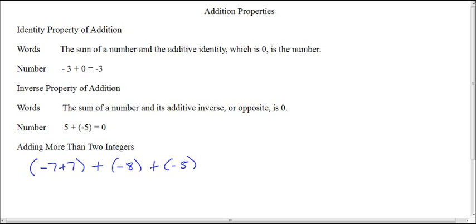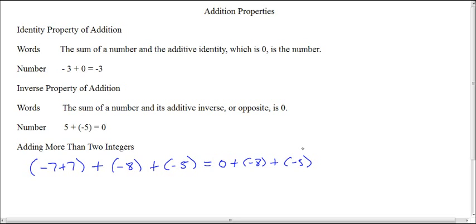In order for us to solve this expression, we can see already that we have additive inverses with negative 7 and 7. So we can solve this using the additive inverse property of addition. That's going to be 0 plus a negative 8 plus a negative 5.